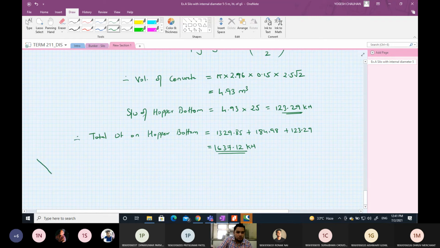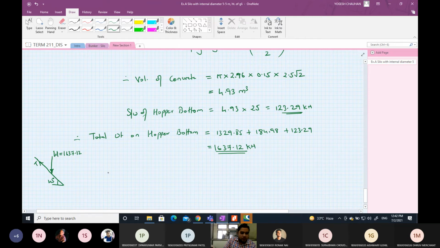Okay, now this is the vertical load. We call this, let us say, W equal to 1637.12. Now suppose T is the tension in the hopper bottom. Then the vertical component of this tension in the hopper bottom will resist this load.